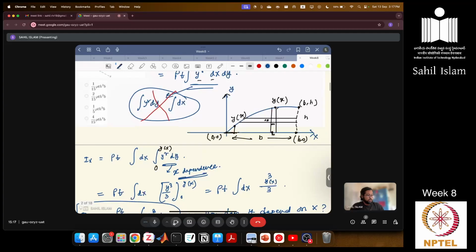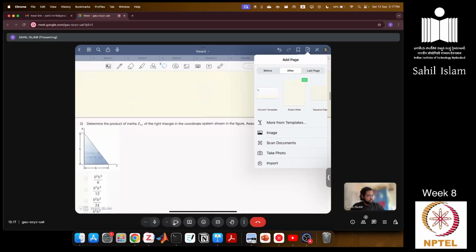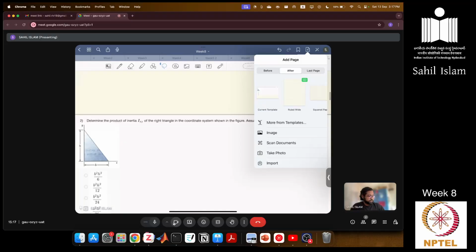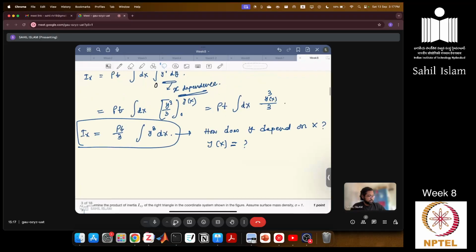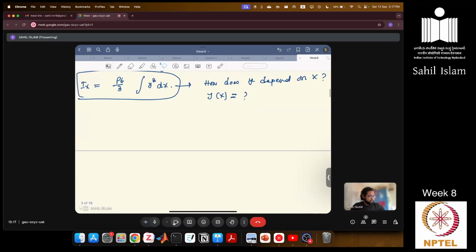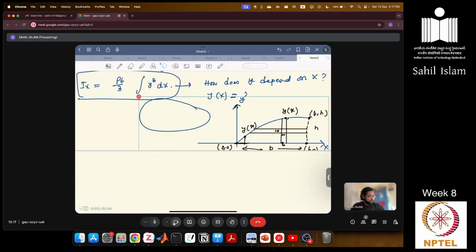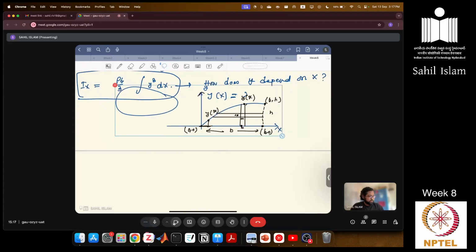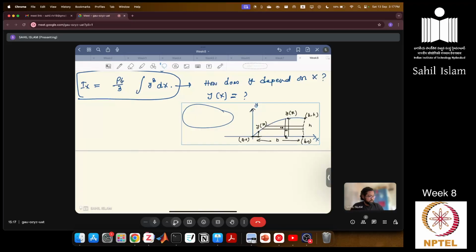So let's copy this and paste this here. Now let's copy and paste this here. Okay, so if you look at it, this is the equation of a parabola.